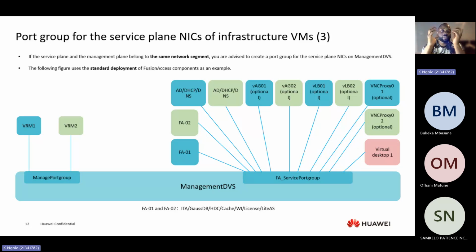So in this case, there's no need for separate routing or VLAN segmentation between the planes. So you can just create a group of service NICs on the management DVS.